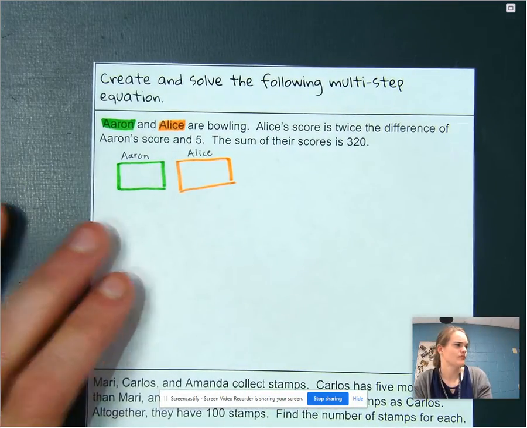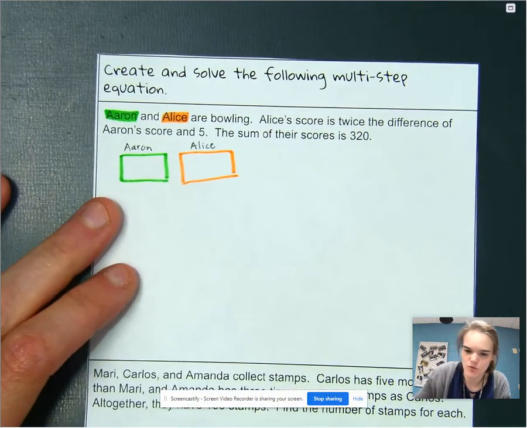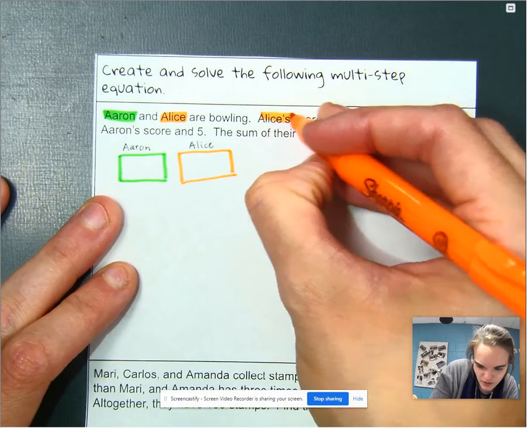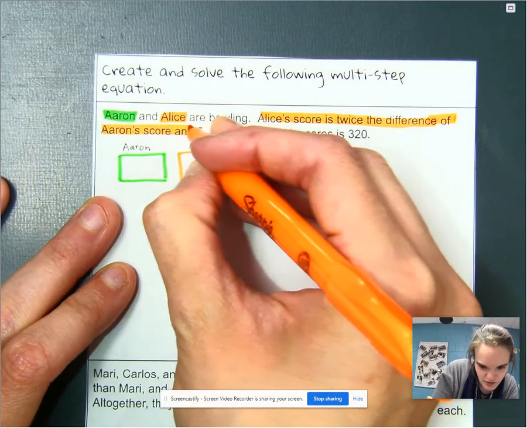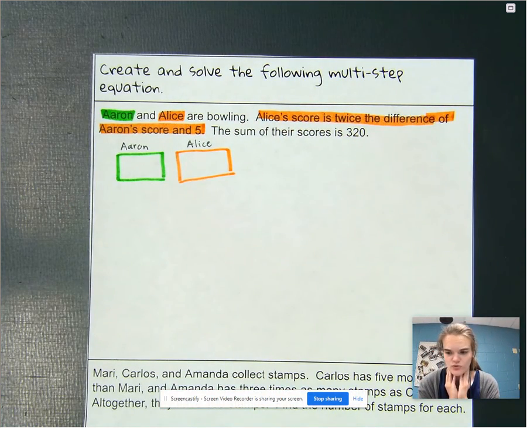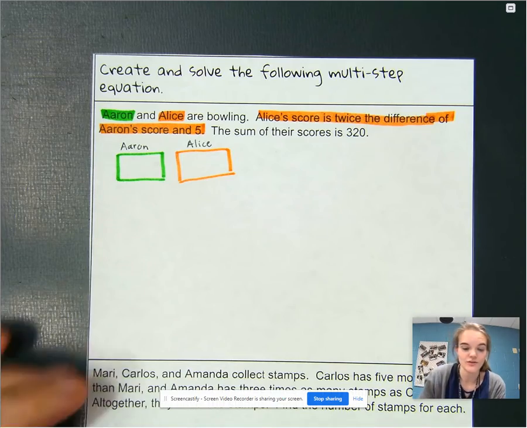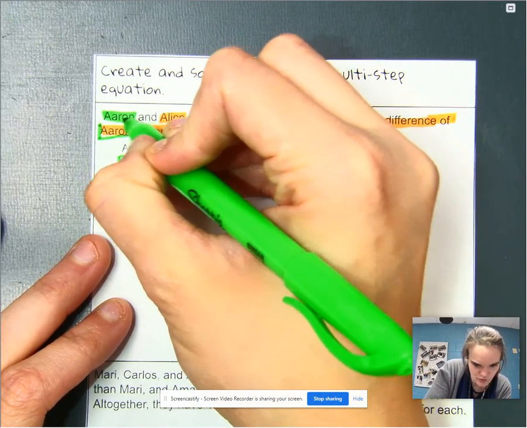They're bowling. Okay, Alice's score is, and this is Alice, so orange. Alice's score is twice the difference of Aaron's score and 5. Okay, we don't have any idea about Aaron's score though. So if we don't know his score right here, then we're just going to make up a variable for Aaron's score.